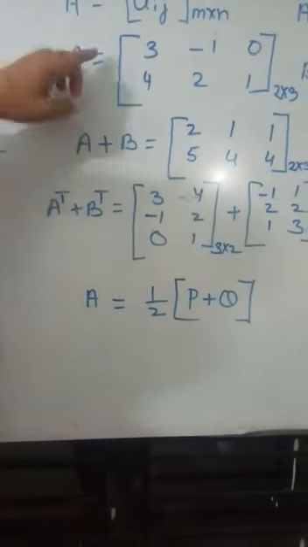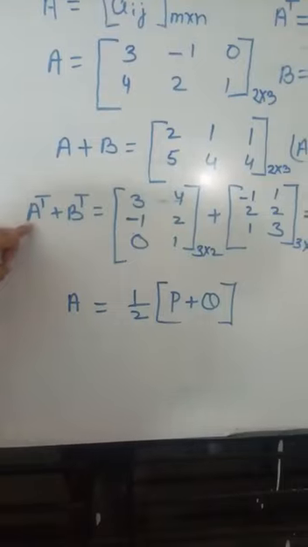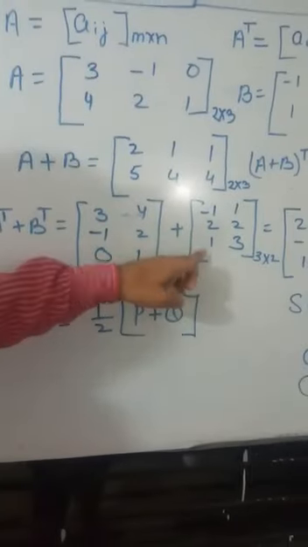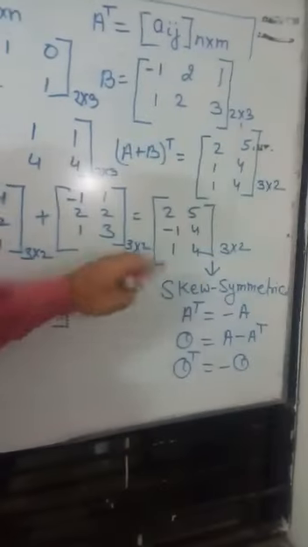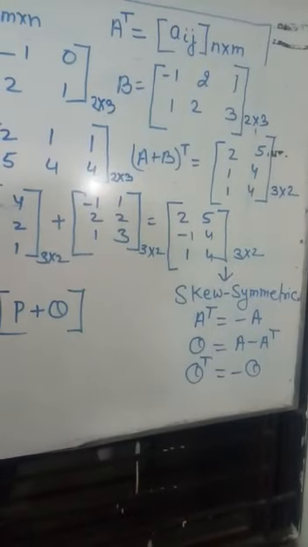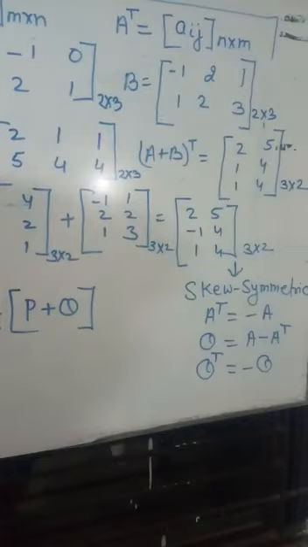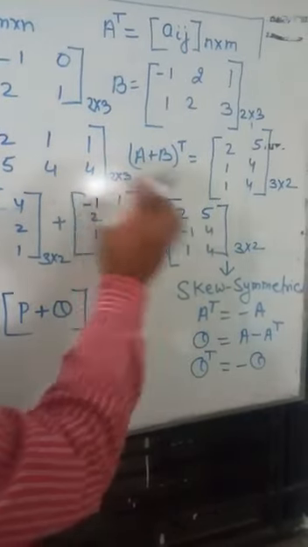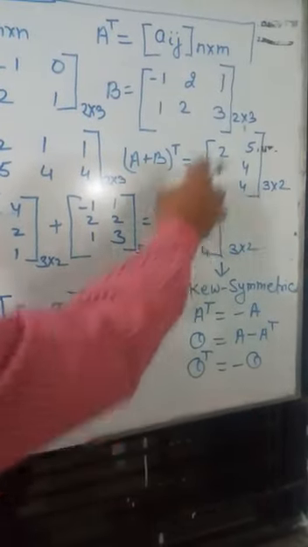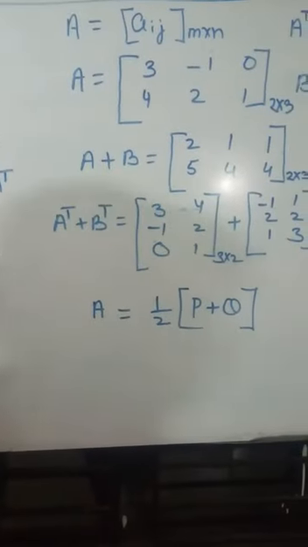Now, after taking the transpose of both matrices and adding them, the result is the same as the given matrix.